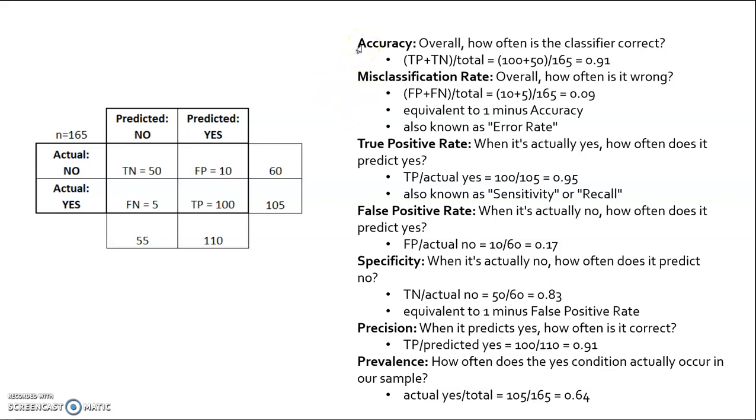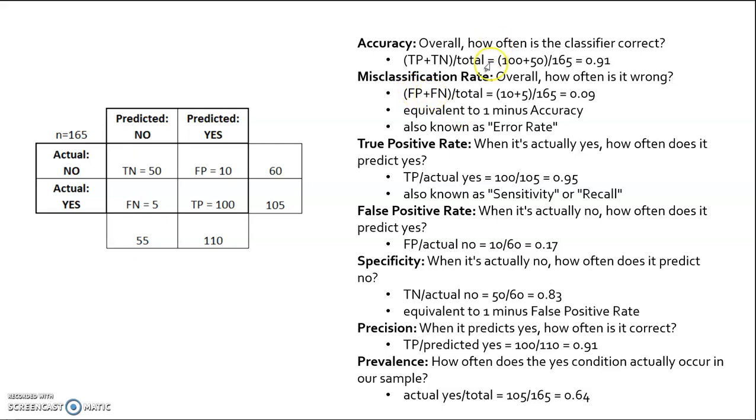The opposite of accuracy is the misclassification rate, because accuracy, remember, is the number of correct decisions. Therefore its opposite is the error rate, all the errors. So if you take a look at the formula here, accuracy is TP plus TN, all the true, whereas misclassification rate is all the false.